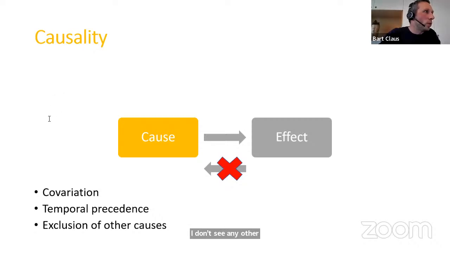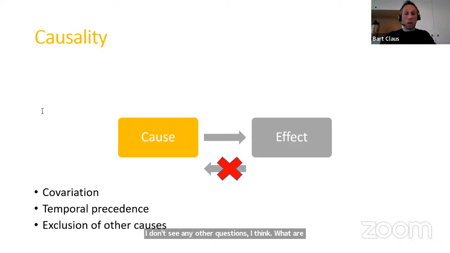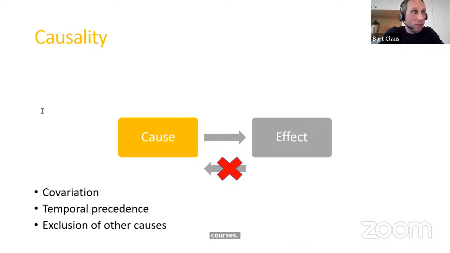What are factors which we should consider while excluding other causes? The most important factor is their potential effect on the dependent variable, right?